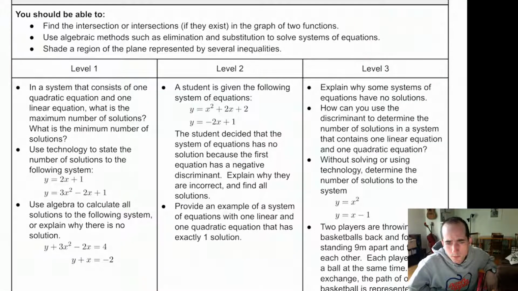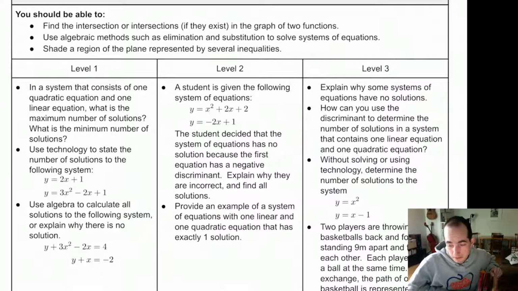Level 1 would be like, if in a system that consists of 1 quadratic and 1 linear, what is the maximum number of solutions? What is the minimum number of solutions, right? A level 2 type problem is to give an example of a system of equations with 1 linear, 1 quadratic that has exactly 1 solution.